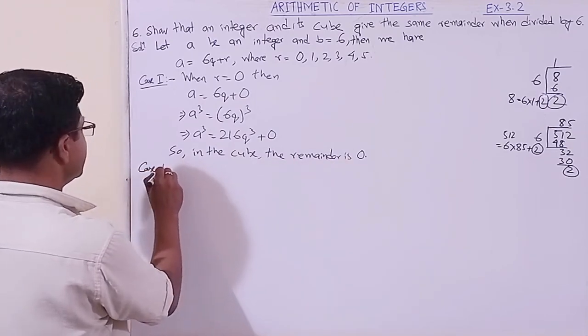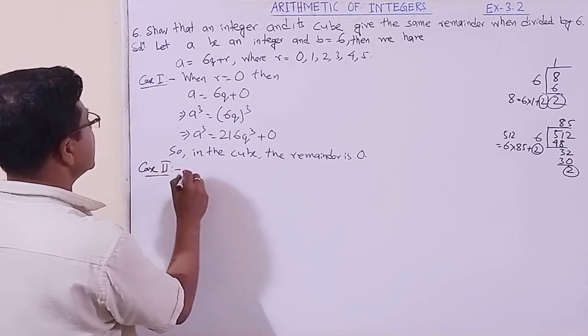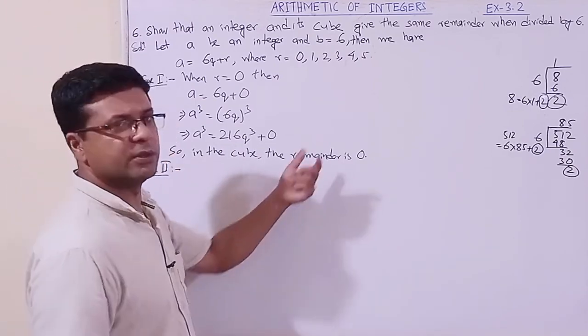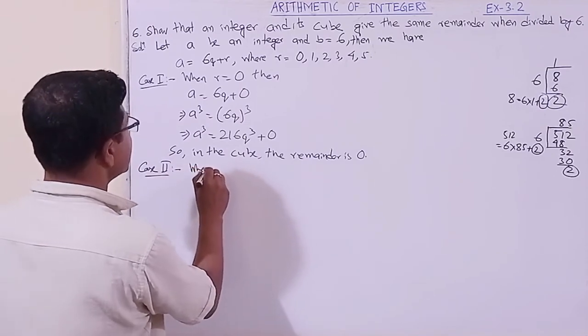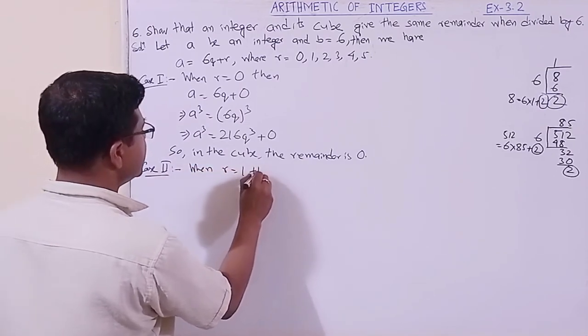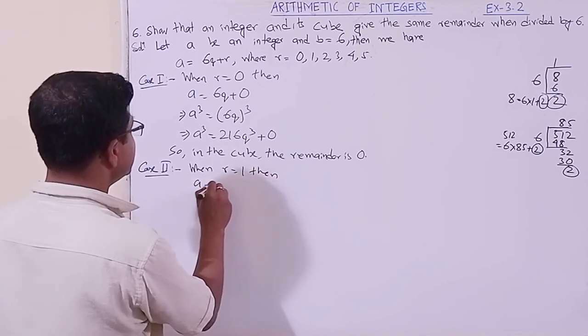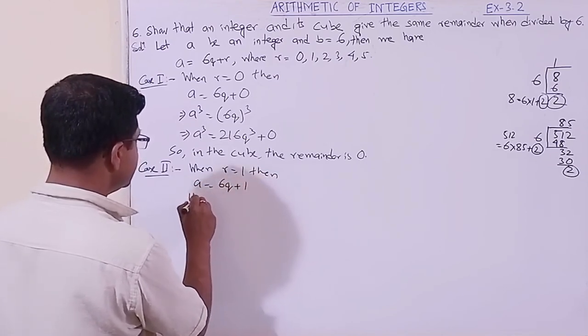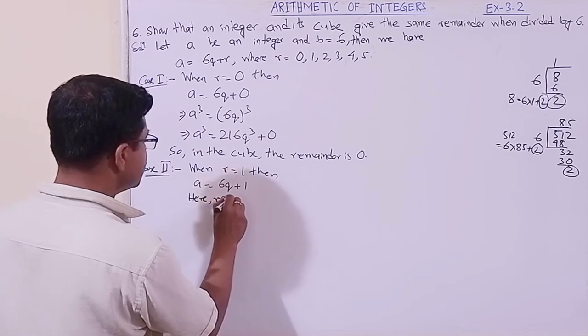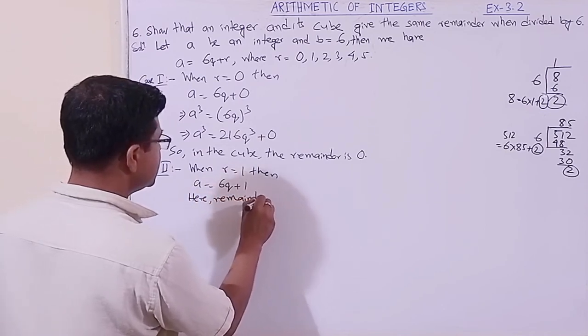Case 2: let us see how many cases we can do. If we get the same result, then similarly we obtain the same thing. When r is equal to 1, then a is equal to 6q plus 1, here the remainder is 1.